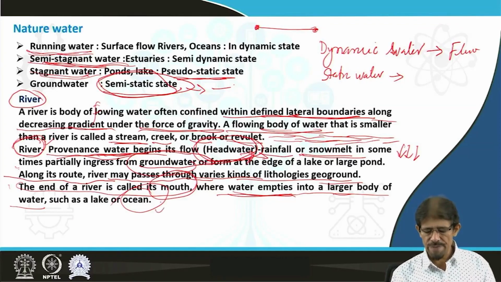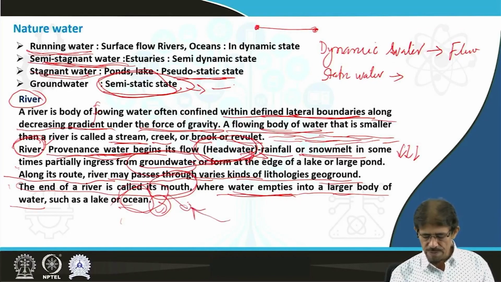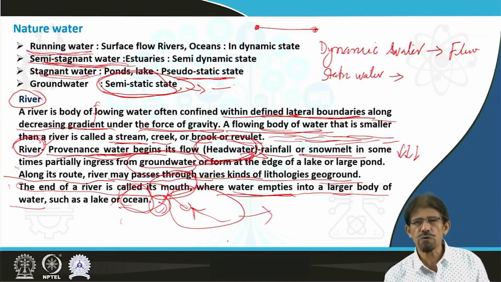Generally, we prefer to explain this with the ocean. When the ocean water mixes with river water in some depression near the mouth, it is recognized as an estuary.